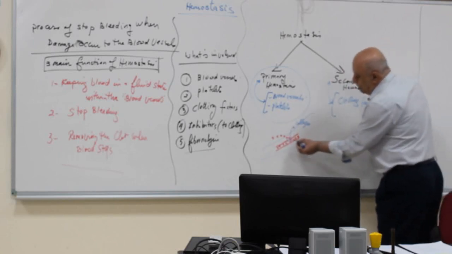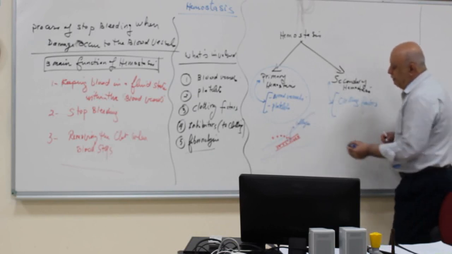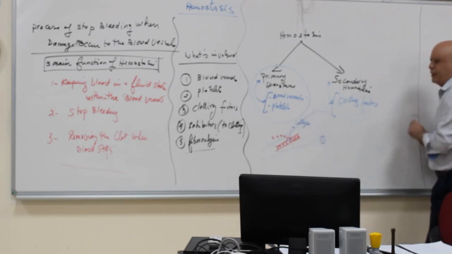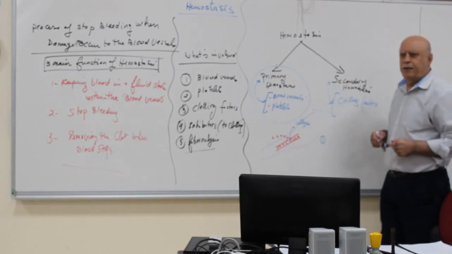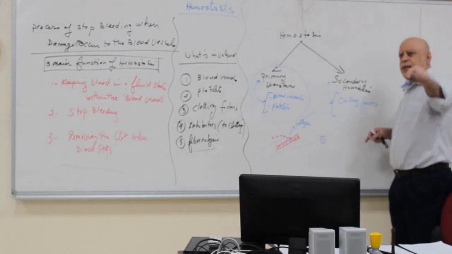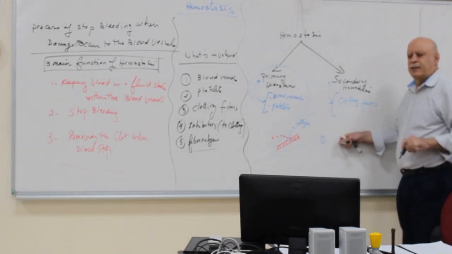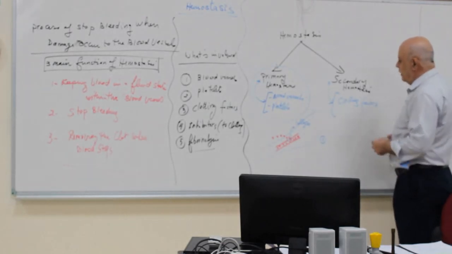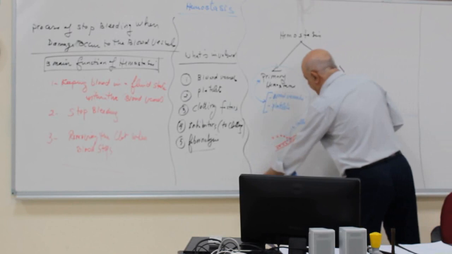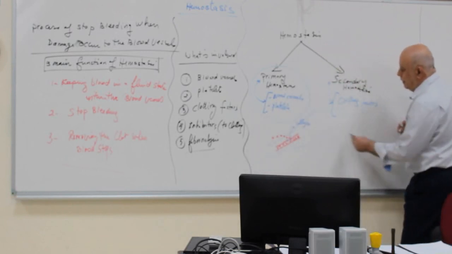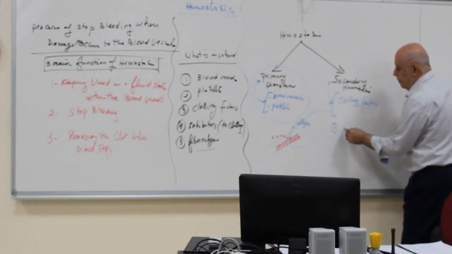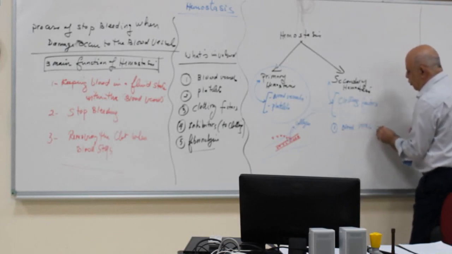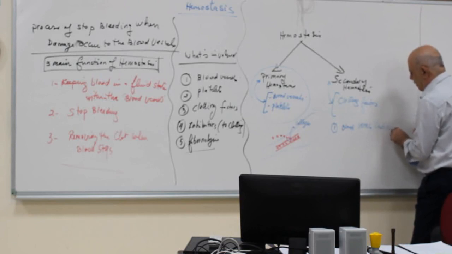Now, the first line of defense in the primary hemostasis is blood vessel constriction.